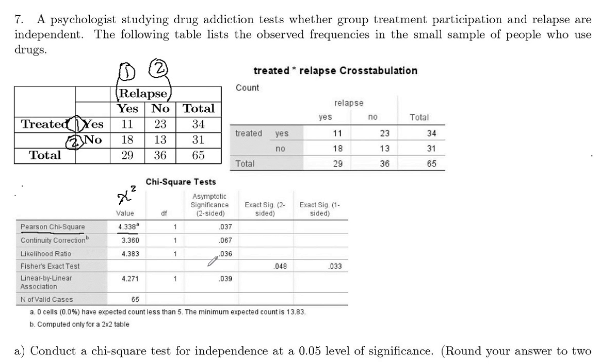And then to make the hypothesis test, we want to look at this p-value right here. That's a two-sided asymptotic significance. Significance is always your p, and our two-sided p is 0.037, and that is less than 0.05, so p is less than 0.05, and we are conducting the test at the 0.05 significance level.